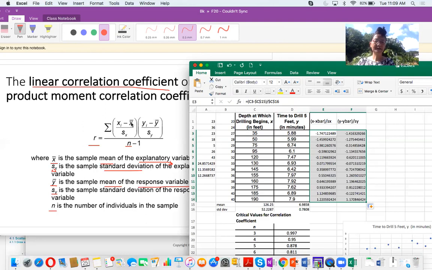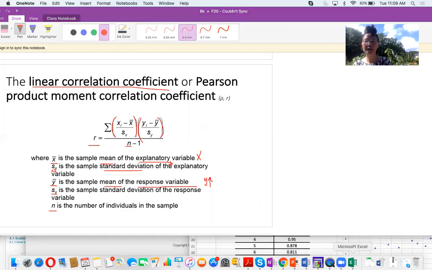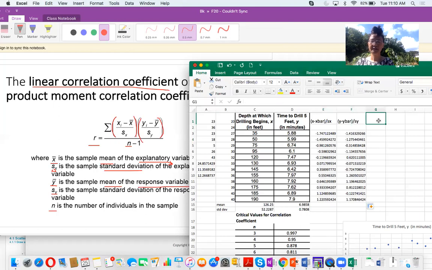And you have to multiply these two items together. So where is my Excel? Now you have to times, I just use this to represent multiply.